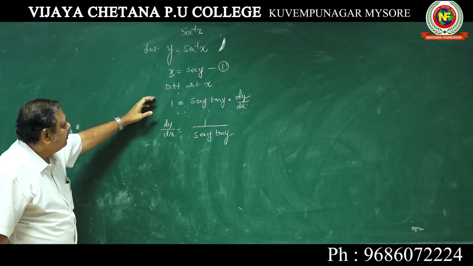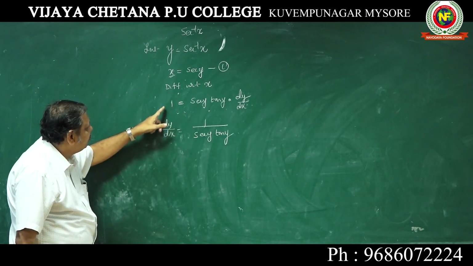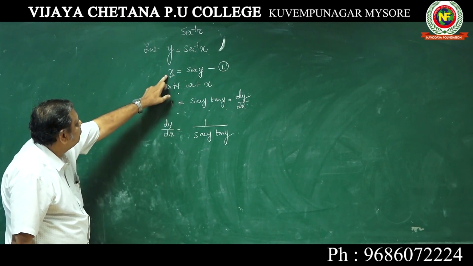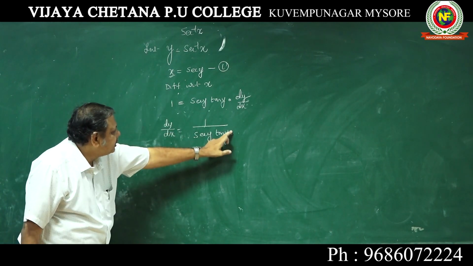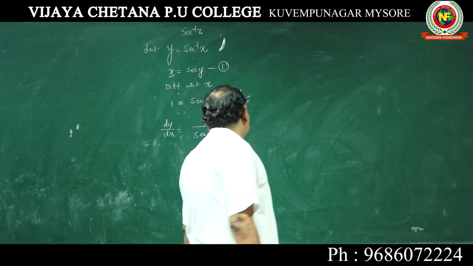Understood? You are differentiating: 1 is equal to secant y tan y dy by dx, and dy by dx is equal to 1 by secant y tan y. See, for secant y you can substitute directly x, but what is to be substituted for tan y is important.